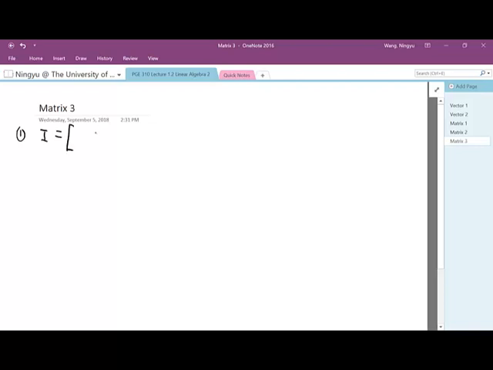So first, the identity matrix. Let me write it down.